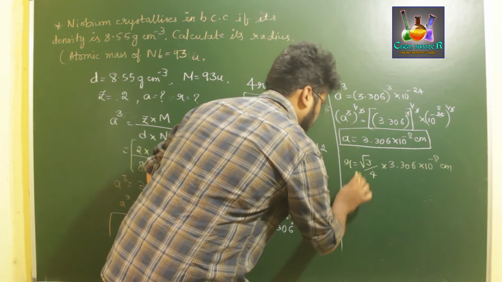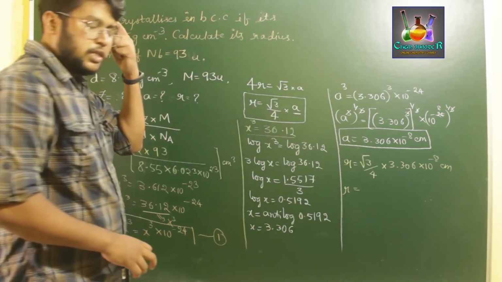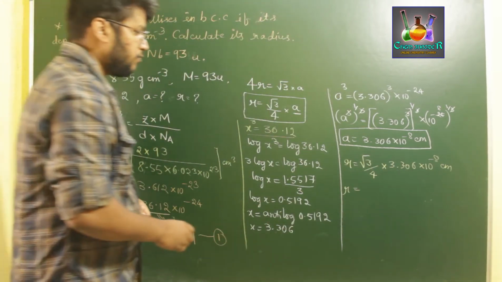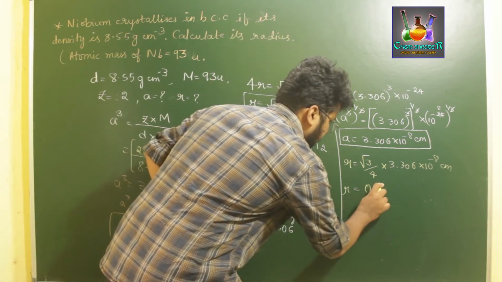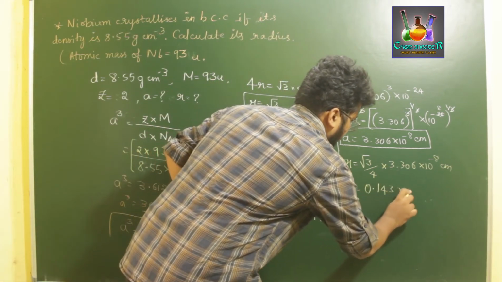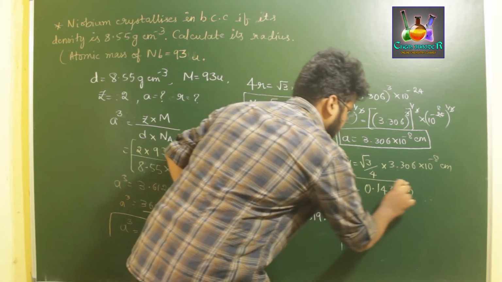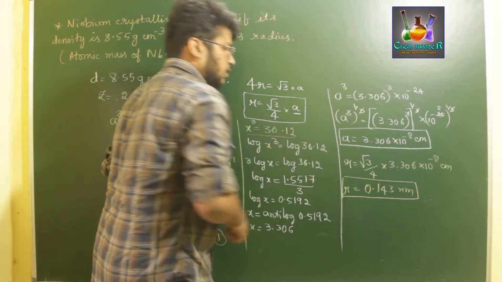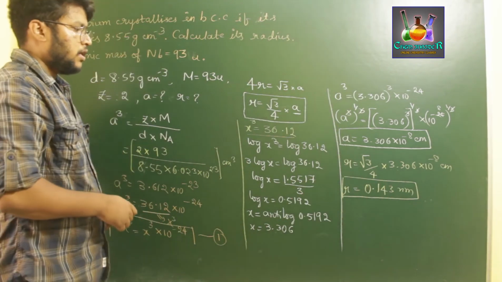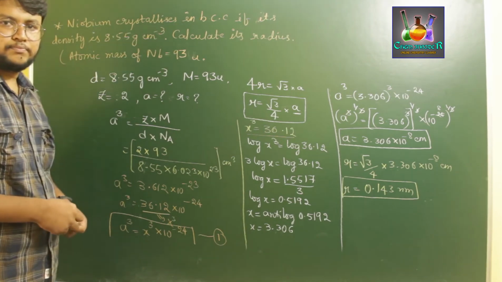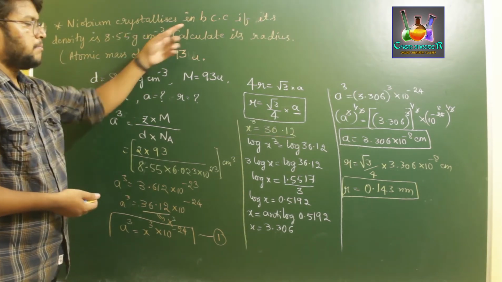On calculating all these values, we get R is equal to 0.143 nanometer. So this is the radius of niobium, which is crystallizing in BCC.